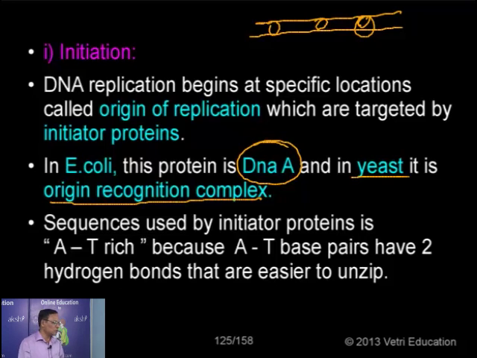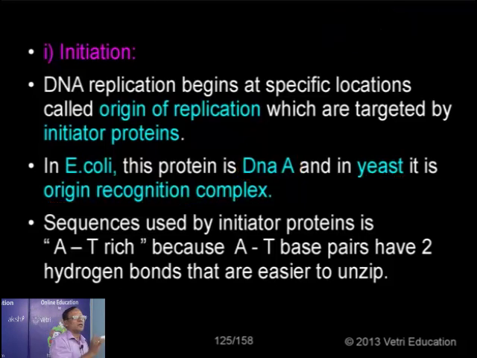And what are the sequences used by this initiator protein? Suppose they are using certain sequences, at that point only the replication proceeds. These initiator proteins select certain sequences of DNA, and these sequences are used by the initiator protein for the formation of the replication fork. The sequences normally used by the initiator proteins are particularly AT-rich sequences.